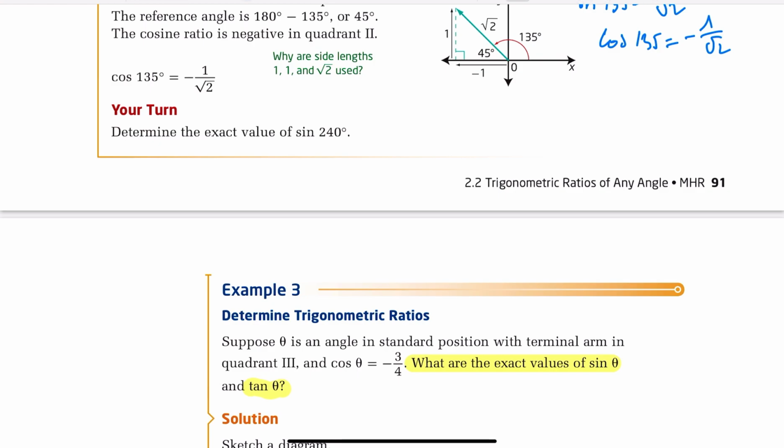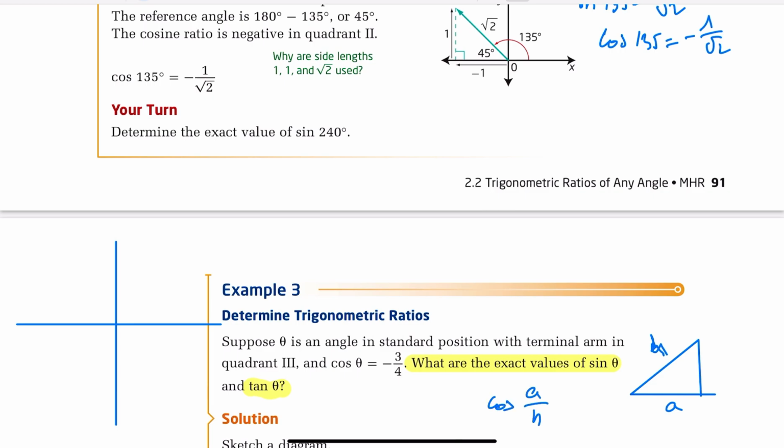So this is my x and y, and for any angle, you know that the cos is the adjacent over the hypotenuse. And I have here my cos is adjacent over hypotenuse, and they say it's minus 3 over 4.